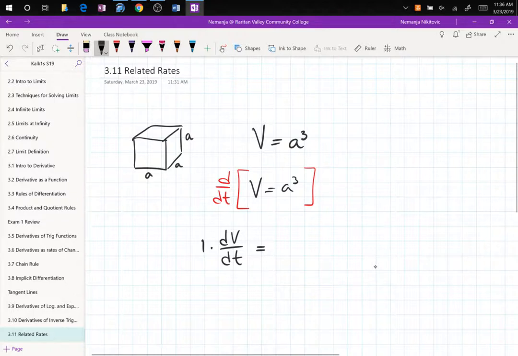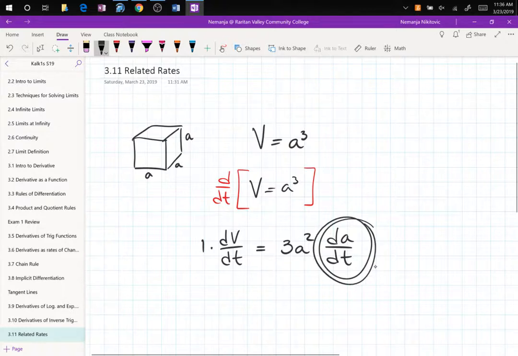When I differentiate a cubed, I get 3a squared, and then follow with the chain, dA/dt. Remember, we learned in our implicit differentiation section that any time you take the derivative of a variable with respect to a different variable, you have to follow with these chain rules.